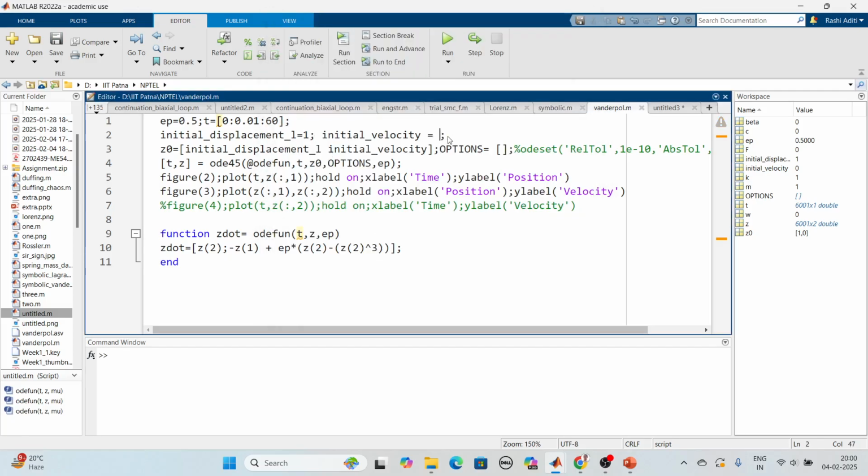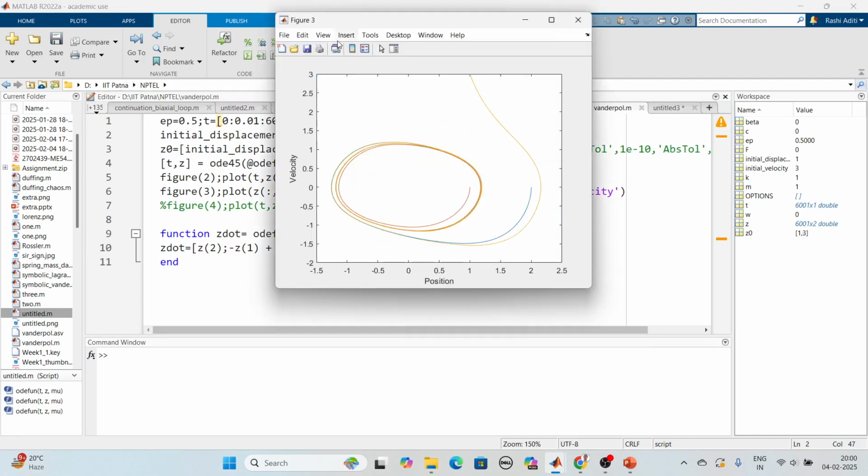Let us change this also to 1 comma 3. See, for any kind of initial condition, my system is always coming to the same periodic orbit. Now, what is this? In case of a spring mass system, it was different: I was changing the initial condition and the amplitude was changing. Here, I'm changing the initial condition, but the amplitude is not changing.